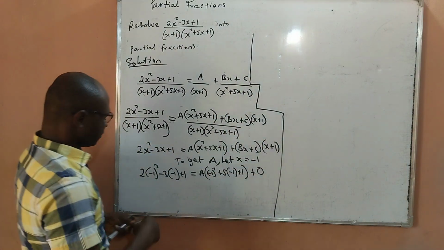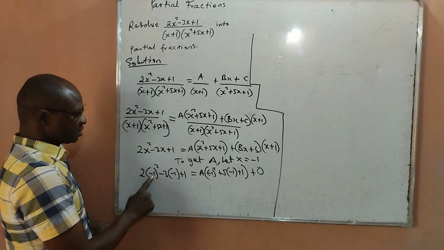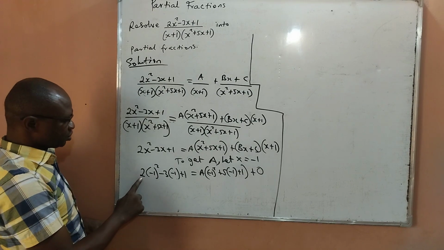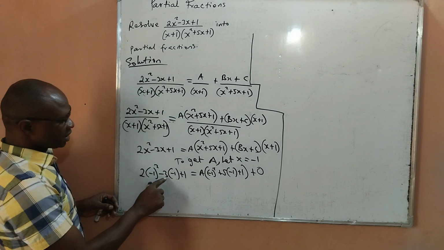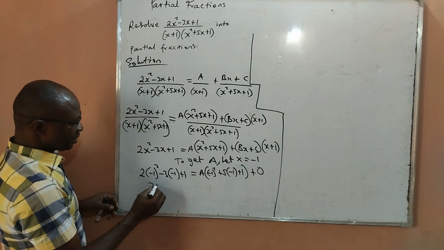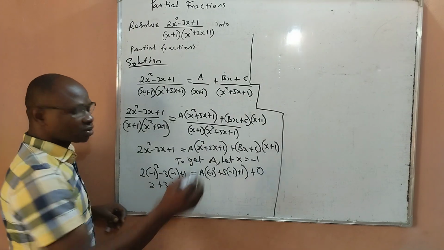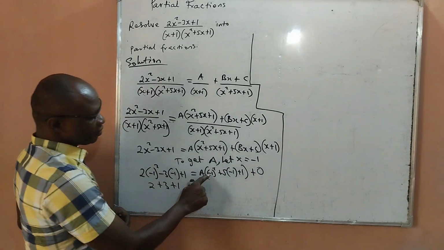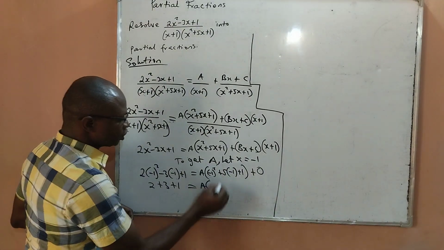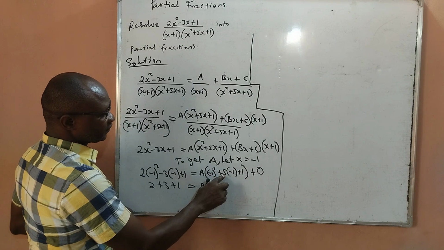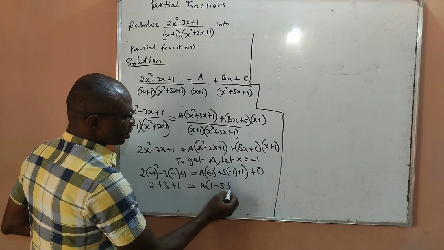what I will now have, working on the left hand side, I have minus 1 squared will give me positive 1 multiplied by 2 is going to give me 2. Okay, then minus 3 multiplied by minus 1 will give me plus 3, then plus 1 equal to, from this bracket I have minus 1 squared will give me positive 1, okay, then I have a into 1, then plus 5 times minus 1 is a minus 5, then plus 1.